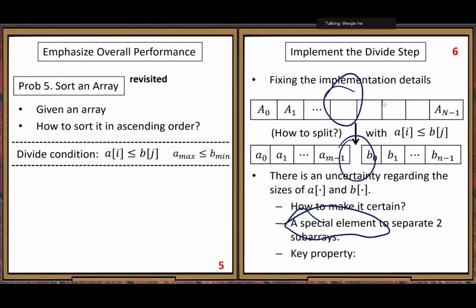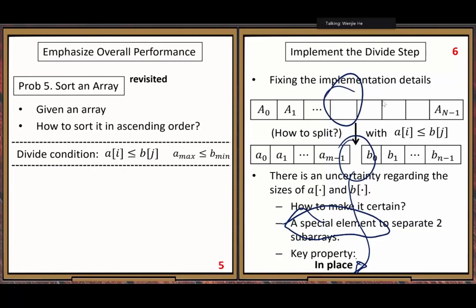So this key property now we want to have. If this special element can separate two subarrays with this property, can you imagine it should have this in-place property? This special element should be in place in the original array. Why in place?